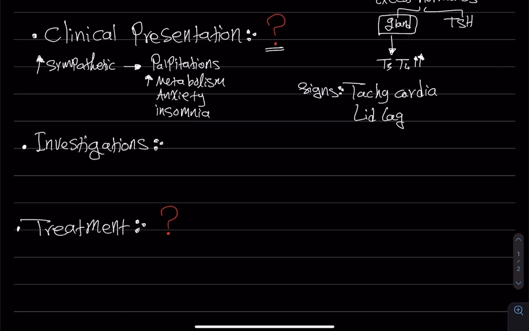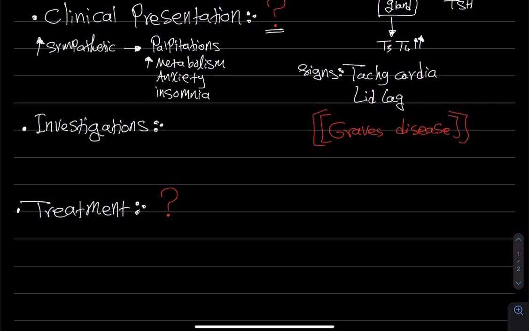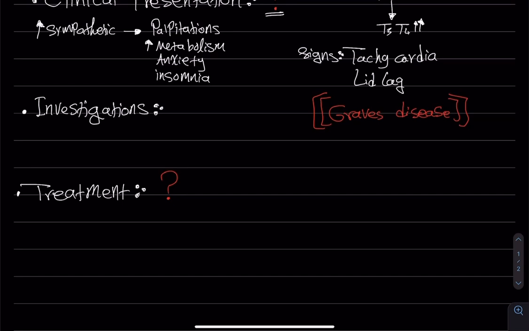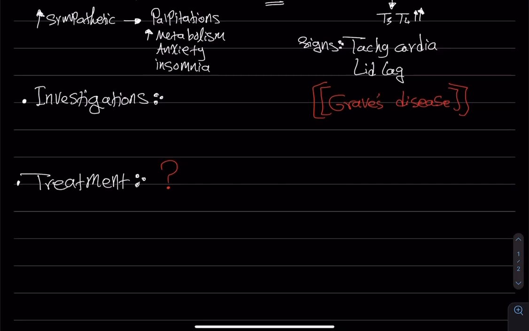So now we know that this patient has hyperthyroidism. But what causes it? Graves' disease, nodular thyroid diseases, and thyroiditis can cause it. Graves' is the most common, which is an autoimmune disease, simply that there are autoantibodies that look like TSH and stimulate the thyroid to produce hormones. So there will be hyperthyroidism.